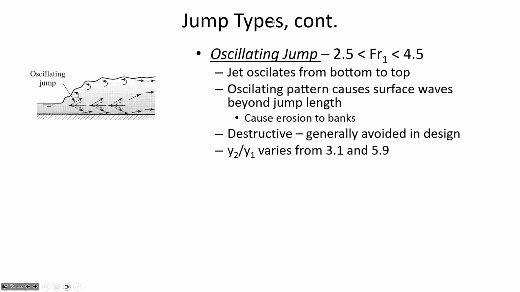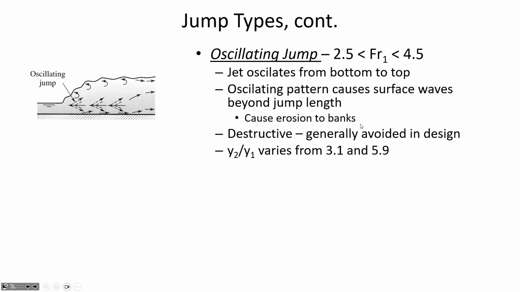An oscillating jump is maybe the first time where we get a little bit uneasy. These are considered destructive, and we generally try and avoid having an oscillating jump because you'll notice that the flow patterns are going down towards the channel, and now there's enough energy in the water that if the channel isn't somehow armored, or if it's not a strong surface like concrete or asphalt or some other engineered surface, then it's likely that it's going to scour over time.